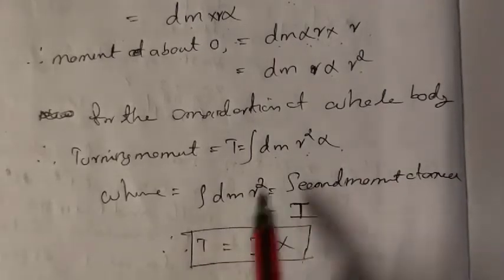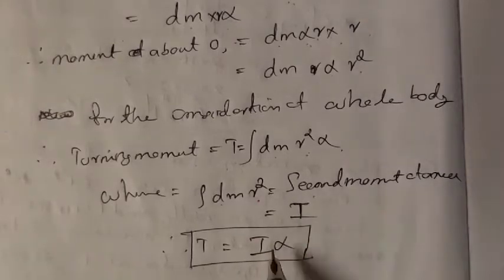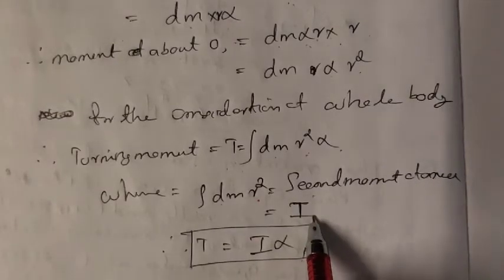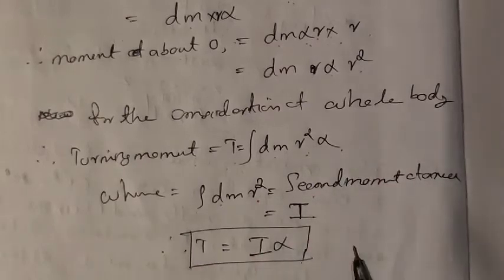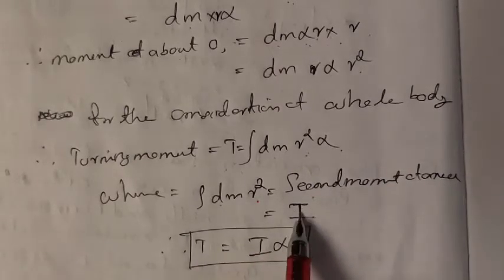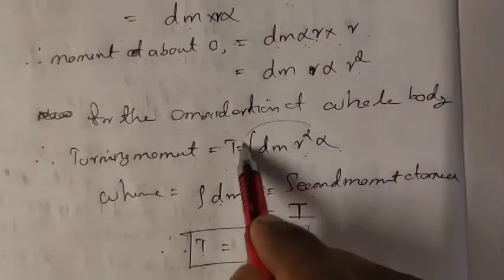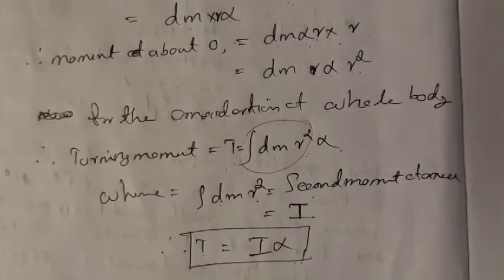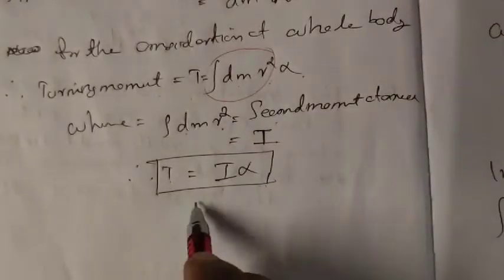The integral of dm r square is the second moment of inertia, I, which we already discussed in previous chapters. Substituting I, T is equal to I alpha. This is a very important equation, so just note it down.